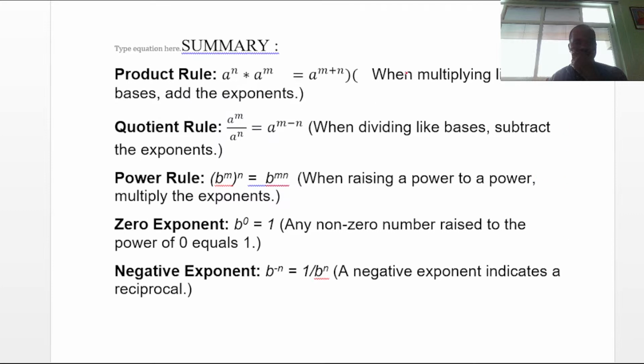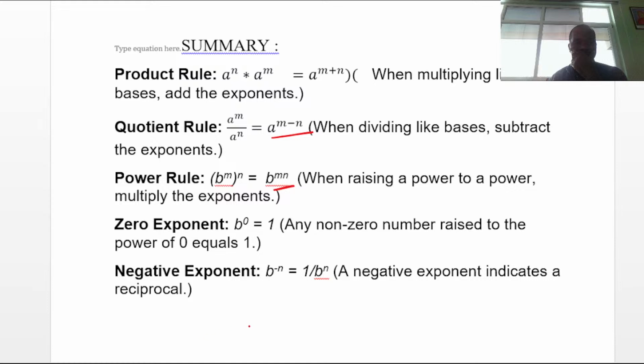So to give you a summary again, we talked about the product rule. This is when we have exponents with the same base being multiplied, so we just add their exponents. Quotient rule or division rule, you have exponents of the same base being divided, so you just subtract their exponents. Coming to the power rule, we have an exponent raised to another power, so you just multiply the exponents.